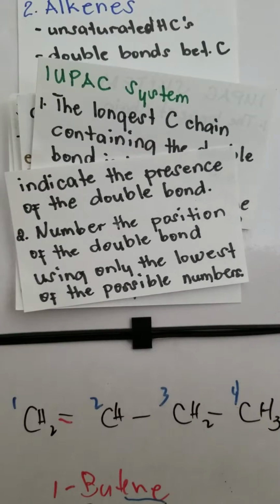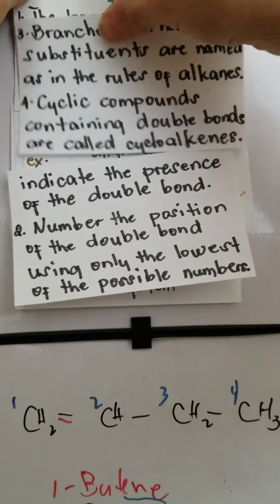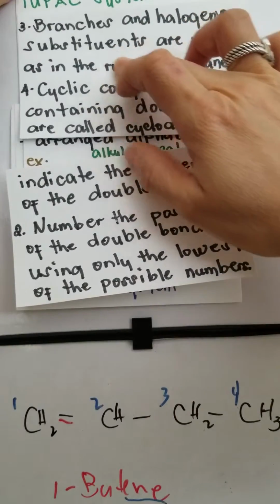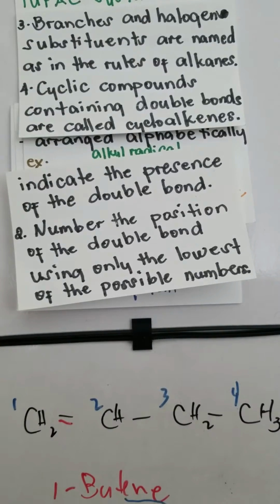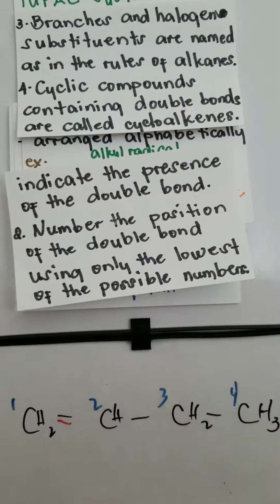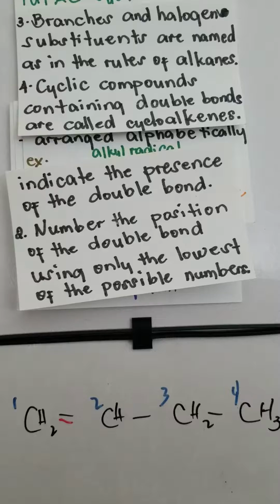Now the third rule of the IUPAC system of nomenclature is that branches and halogen substituents are named as in the rules for alkanes. So we're going to go back to our alkane system of nomenclature to name the alkene for this third rule. What about that example?